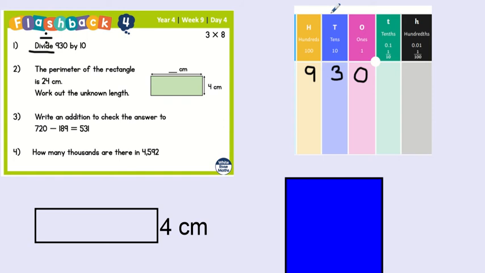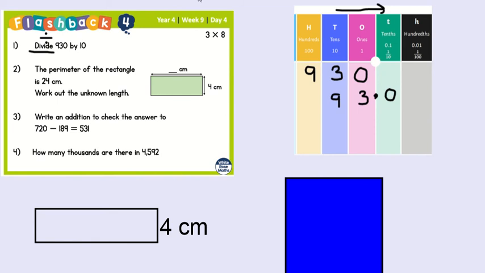I've got to make my number smaller, so it's going to move to the right on our place value chart. And I'm making it 10 times smaller, meaning I've got to move every digit to the right by 1 place. And you'll remember that the decimal point becomes between the ones and tenths. It never moves. So my answer then, Year 5 and 6, is 93.0.